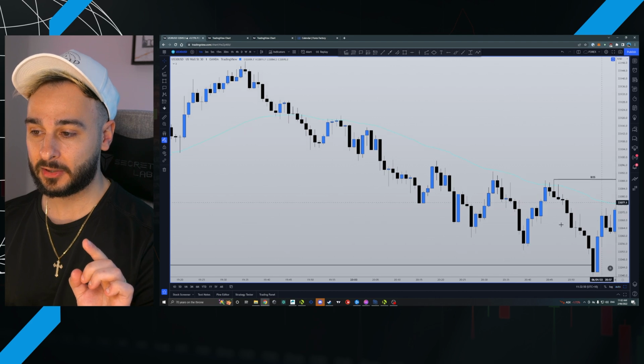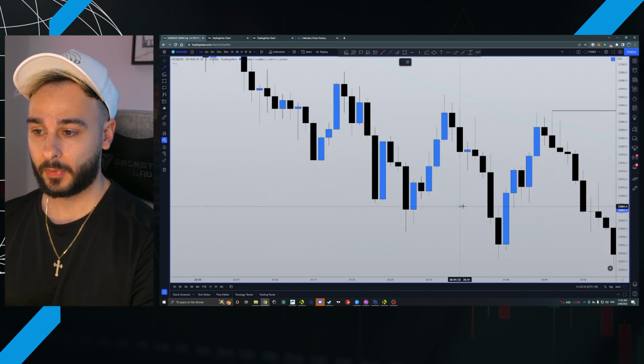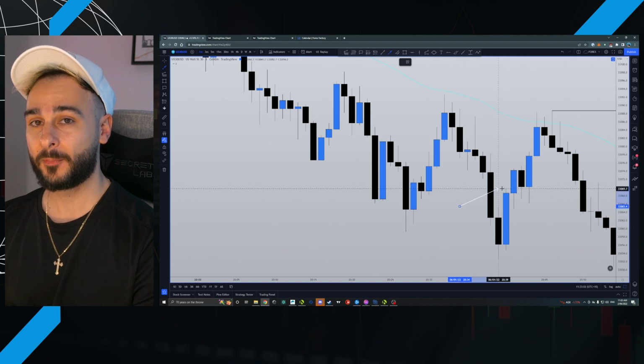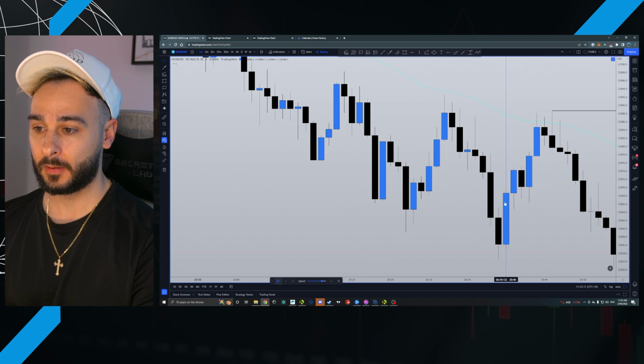As price made its lower low, so as price came down here, we made a lower low with this wick, and we then had a higher high candle followed by another higher high candle from that low point. So, replay mode, here we go.